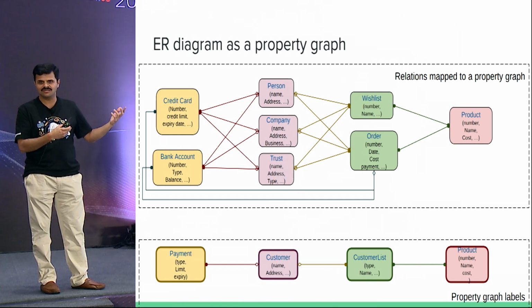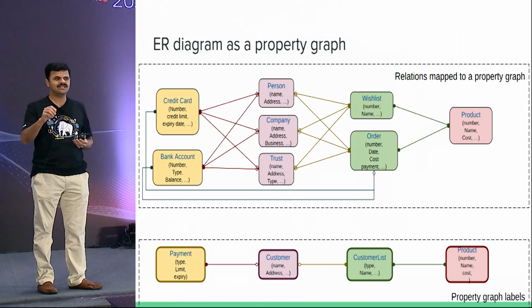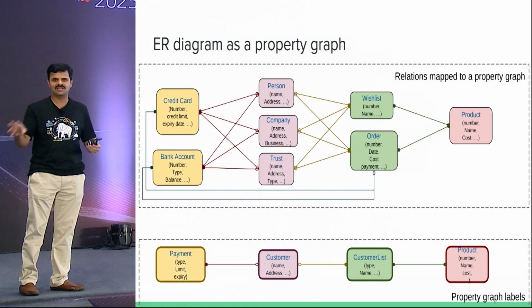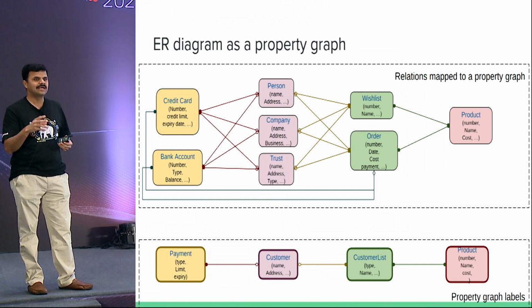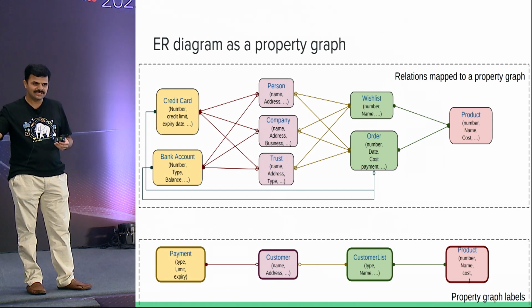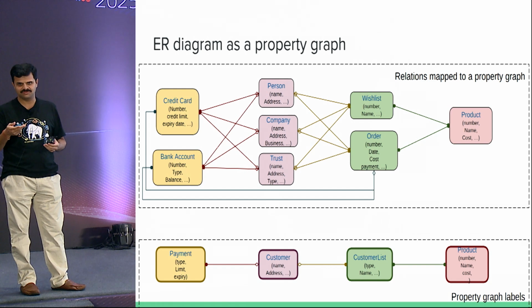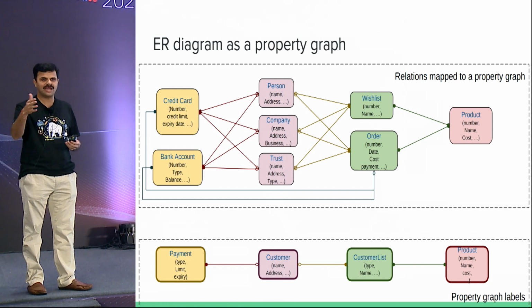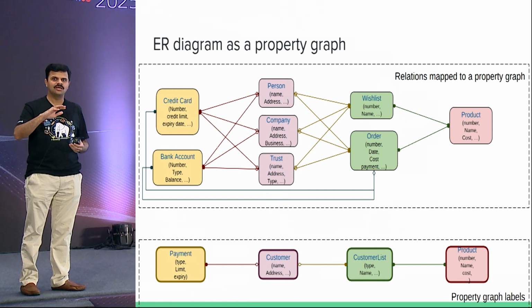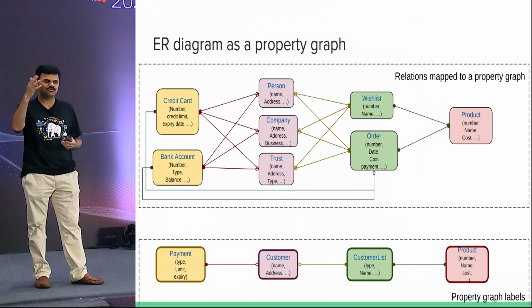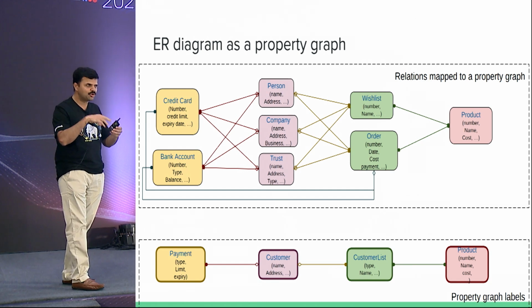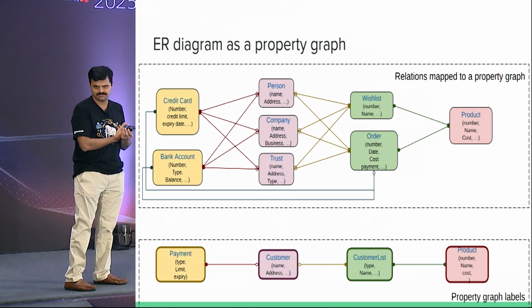Ultimately, what we saw first, right? A relational database is first and foremost a graph. It's an entity relationship model. It's a graph. So the relational data is already in the form of a graph. What we are doing is adding constructs to SQL to expose it and query it as a graph. So it's the other way around. You have data in the relational database. You want to treat that data as a graph.